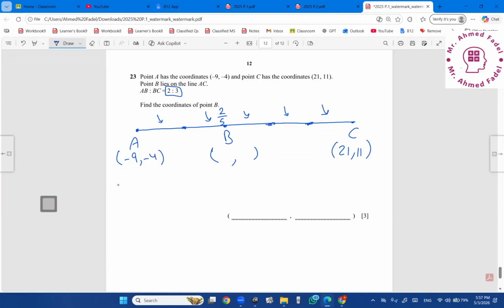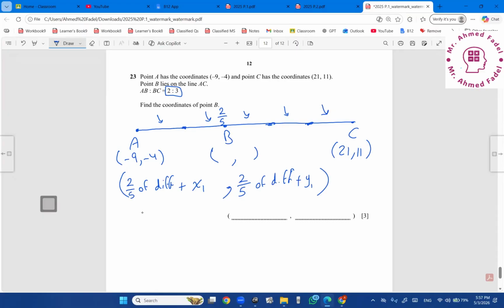Okay, there is a rule that we learned for this, to find the x and to find the y. Fraction that you want of the difference plus x1. Fraction of the difference plus y1. This is the rule to get any fraction of a line.